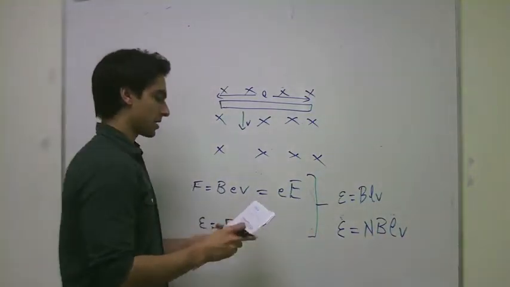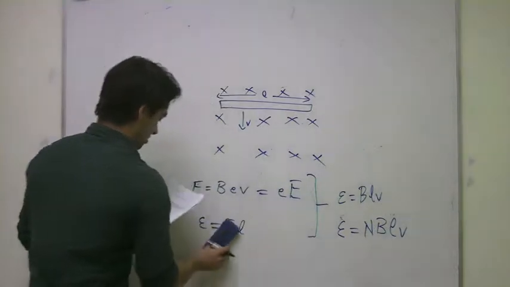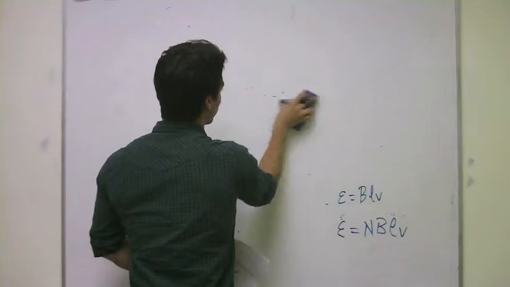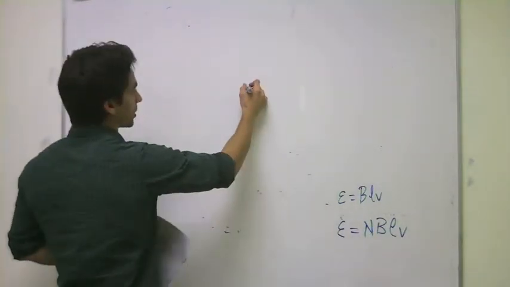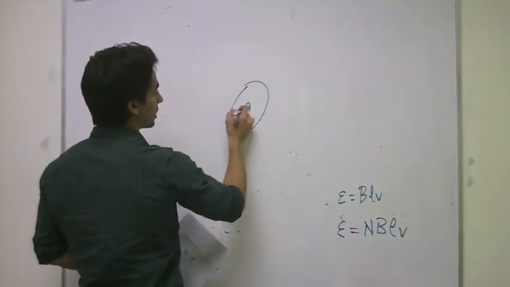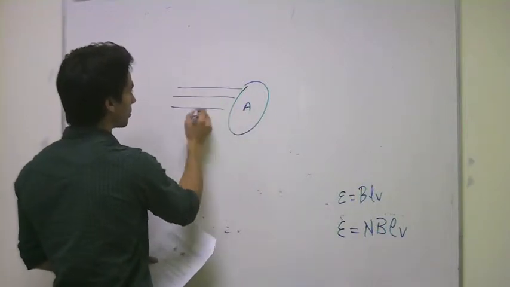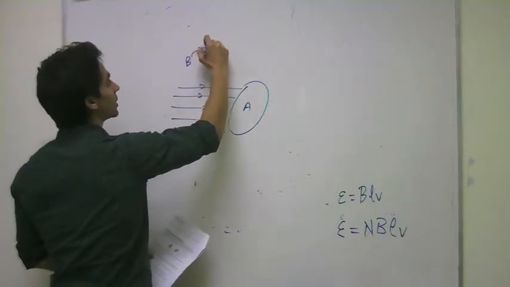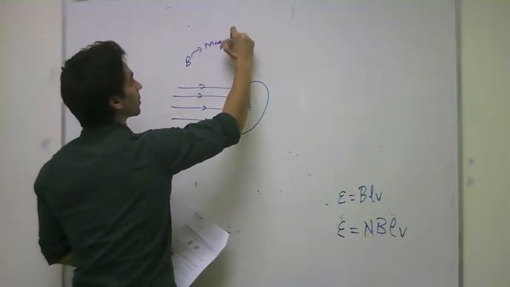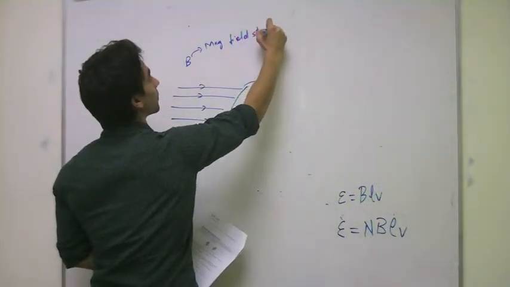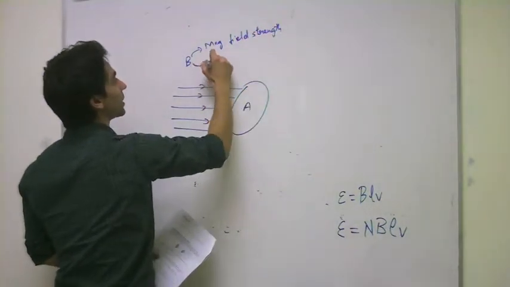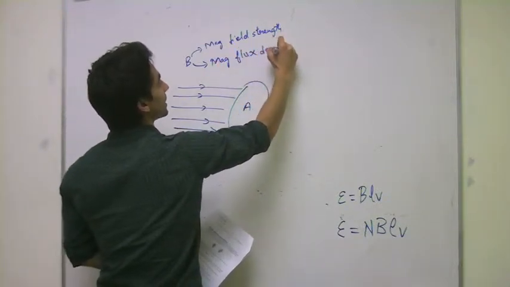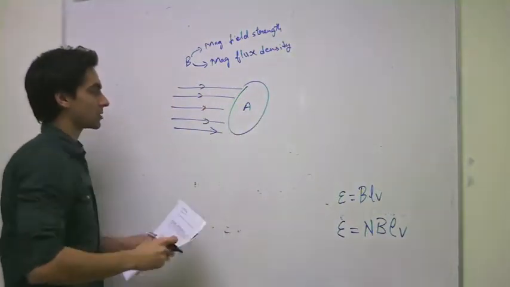Okay, next is defining magnetic flux and magnetic flux linkage. So when we have, for example, a conductor of cross-sectional area A placed in a magnetic field, B is the magnetic field strength, and it is also called the magnetic flux density, basically telling us how dense the magnetic field lines are over here.